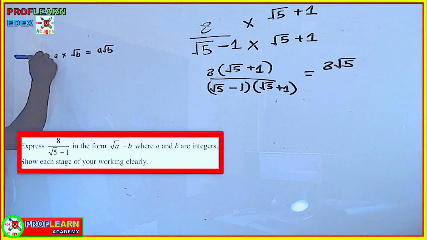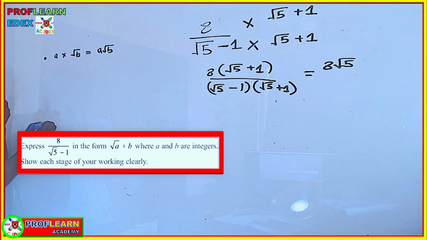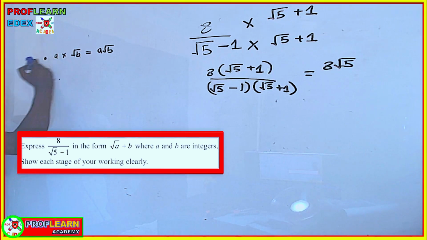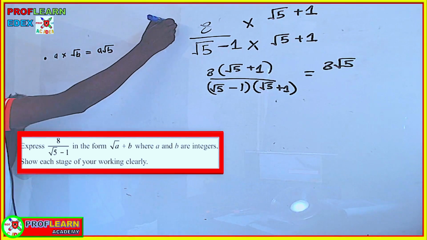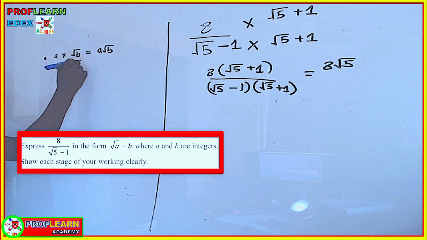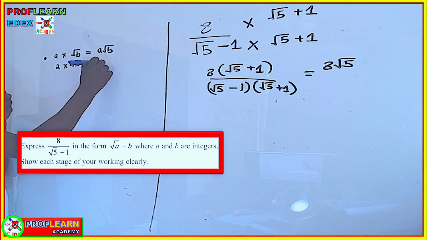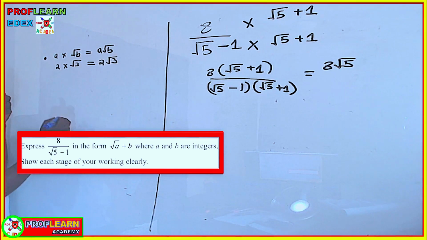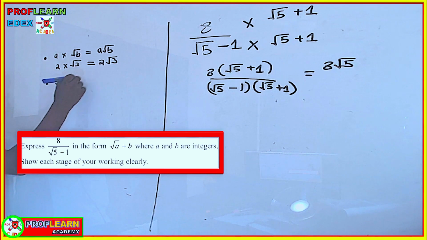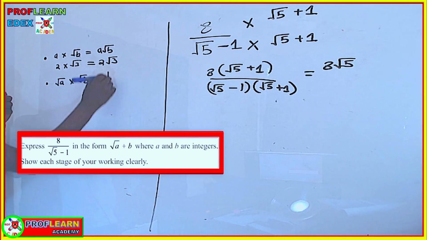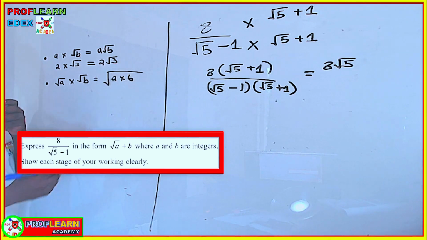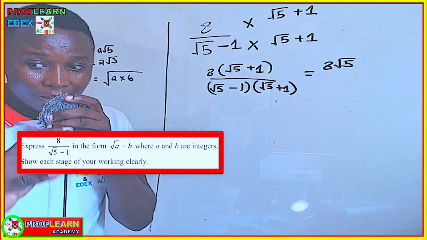For example, 2 times root 3 is 2 root 3. But if you have root a times root b, this is going to be root of a times b, both of them being under the root.